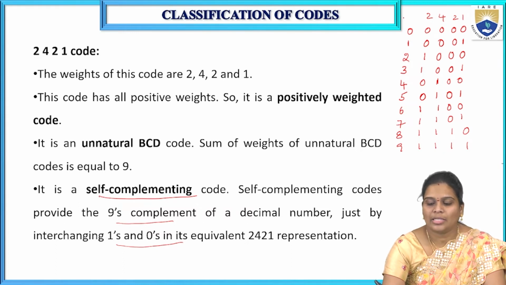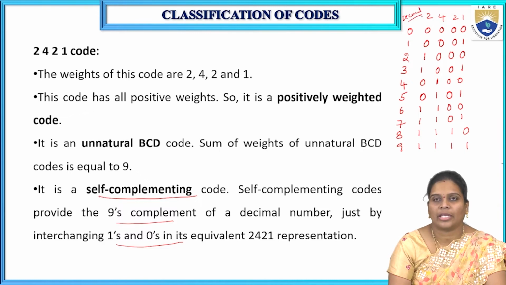So these all are the decimal values. For these decimal values, we are taking the 9's complement. So what is the 9's complement? We take any decimal value and subtract it from 9. We get one resultant value. That is the 9's complement of that particular decimal value.